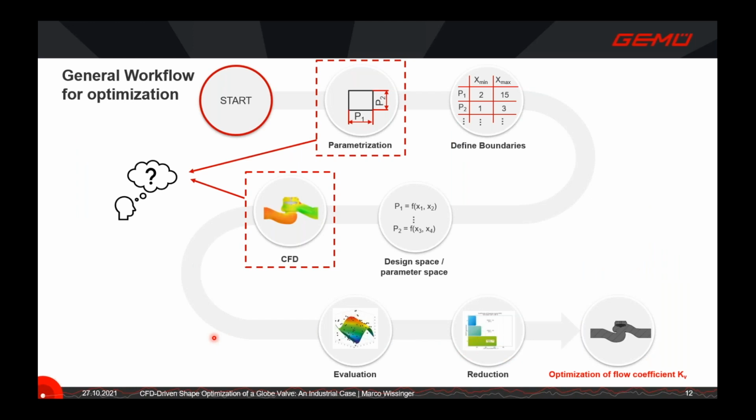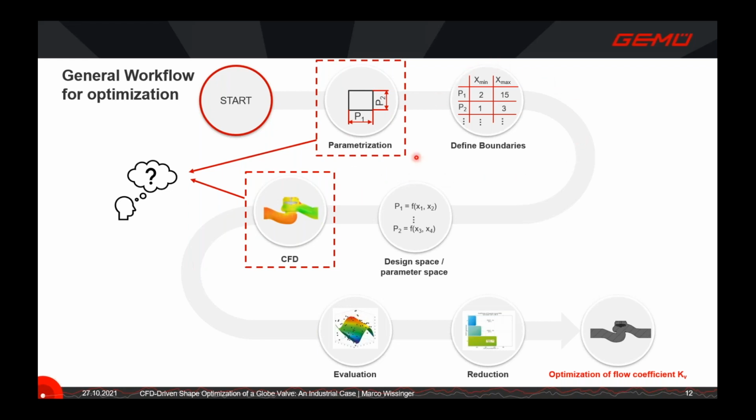In this slide you can see the general workflow we're using for geometric design optimizations here at Gemu. I will start at the top of the slide. The starting point of that workflow is the parameterization of the CAD geometry, and that's a very tricky part. I will focus on that in more detail afterwards.